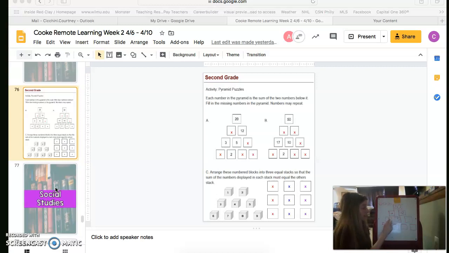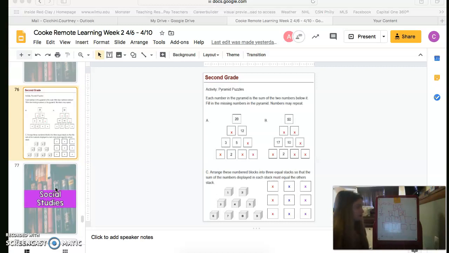So 3 plus 5 equals 8. Let's see if 8 plus 12 equals 20. 2 plus 8 is 10, and I get 20. All right, so this math mountain is done, and this math mountain is done.